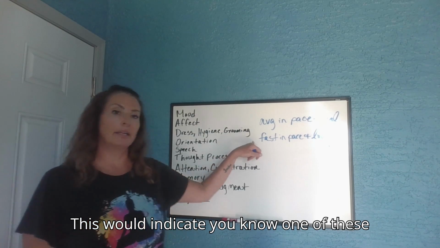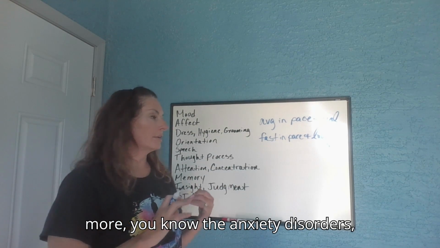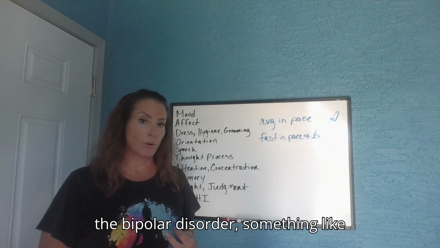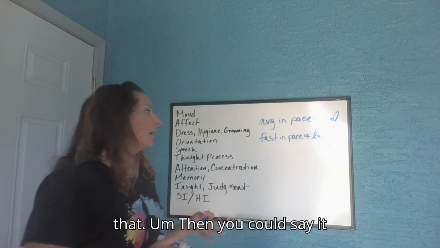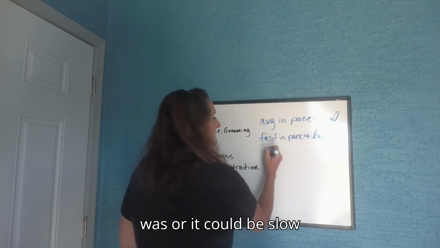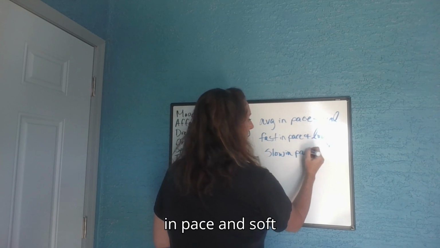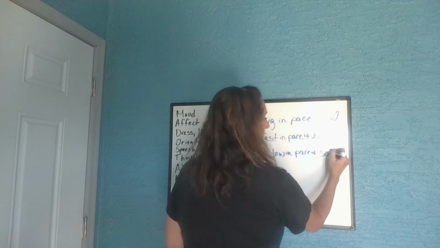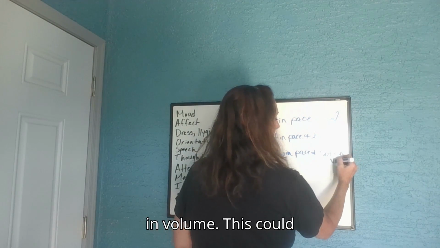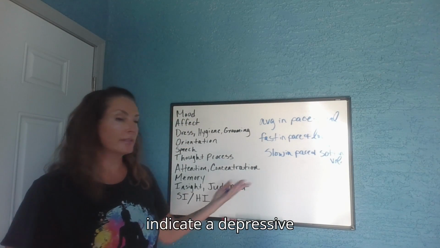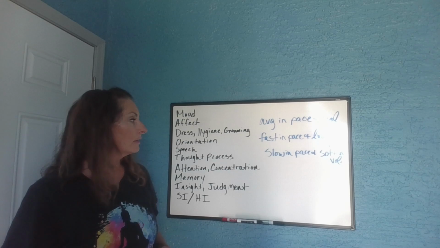This would indicate one of these more anxiety disorders, bipolar disorder, something like that. Or it could be slow in pace and soft in volume. This could indicate a depressive disorder or something more like that.